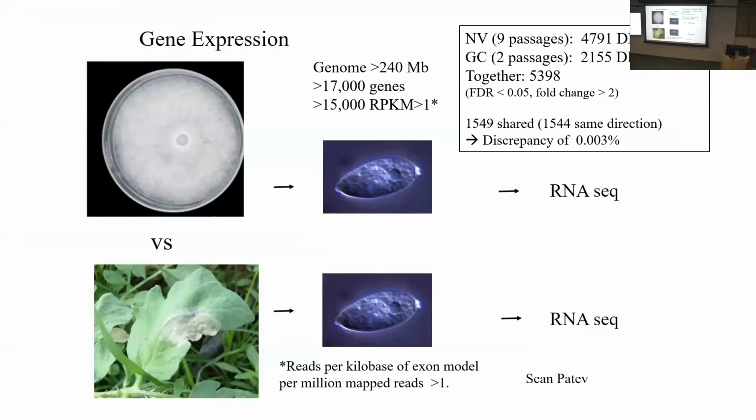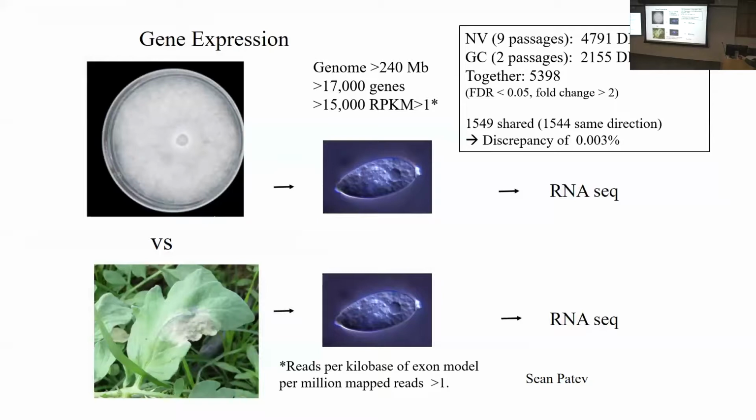And what just sort of blew me away were these data. In the isolate of Phytophthora infestans which had 9 passages on a plate, there were 4,791 significant differentially expressed genes, comparing plate sporangia to leaflet sporangia.